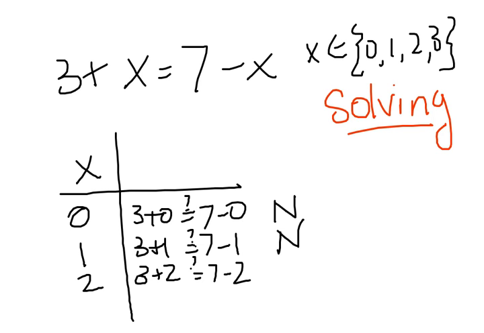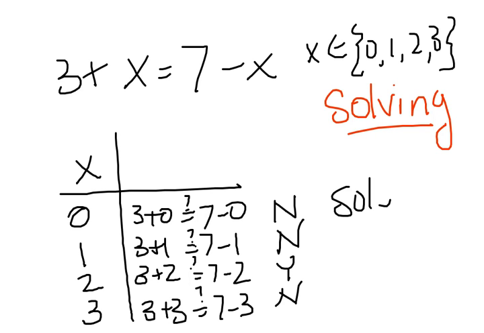Well, 3 plus 2 is 5, and 7 minus 2 is 5, so yes. And what about 3? 3 plus 3, does that equal 7 minus 3? Does 6 equal 4? No. So in this case, my solution is 2. And I can write it like this.